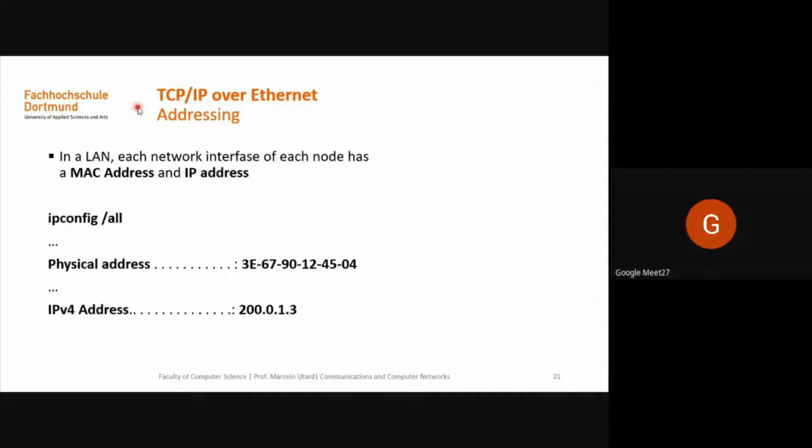Now we will talk about another protocol called Address Resolution Protocol, ARP. But before that, we need to know that in any network interface, we have to configure an IP address, and then there are two addresses associated to the interface.